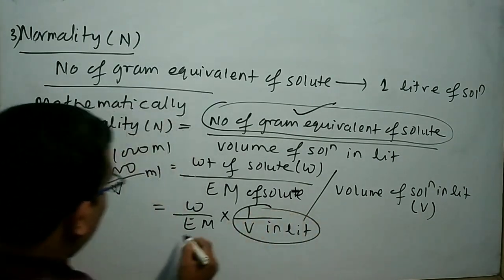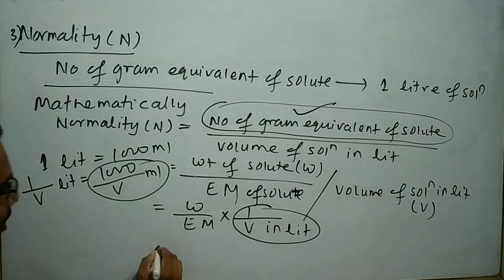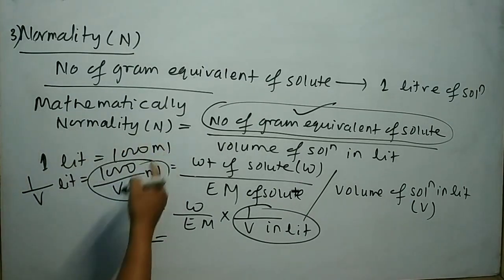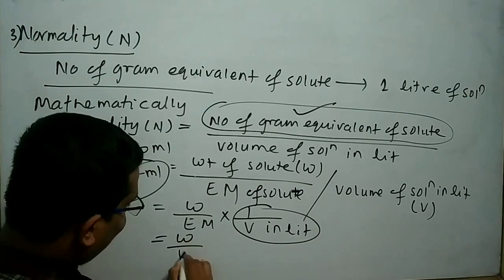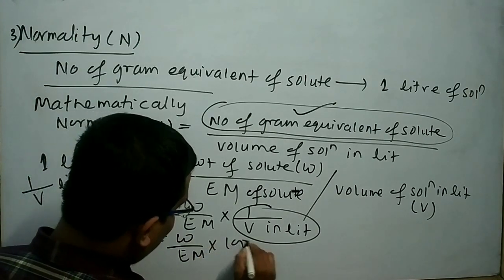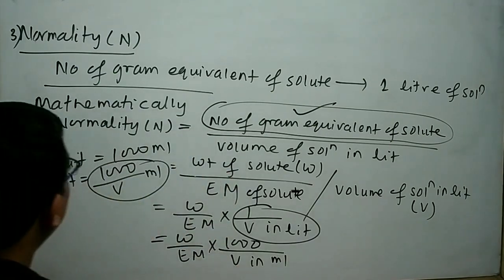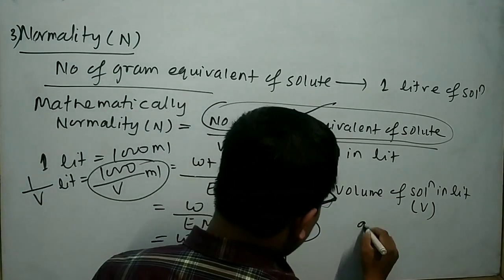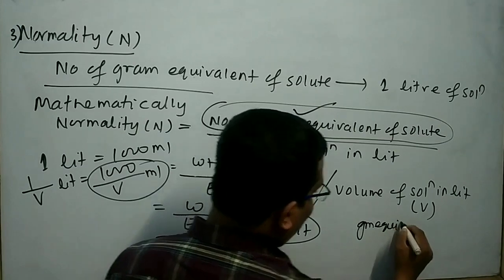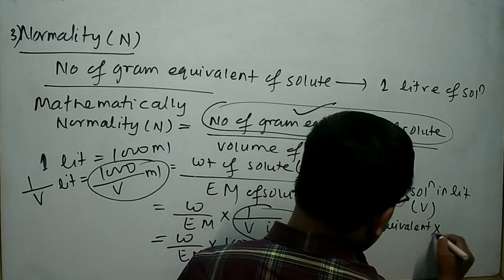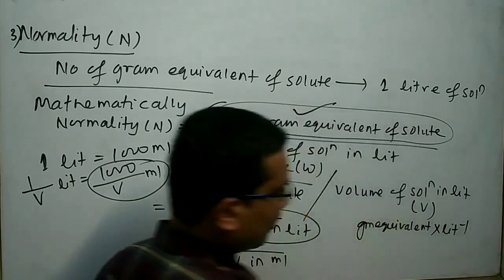So I can write normality equal to W by EM into 1000 by V in ml. The unit of normality is gram equivalent per liter.